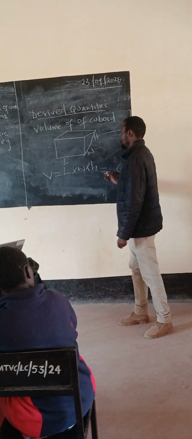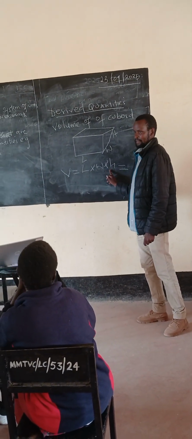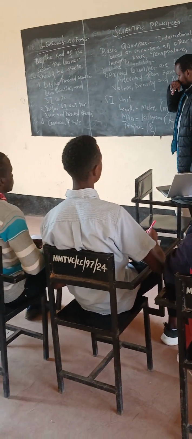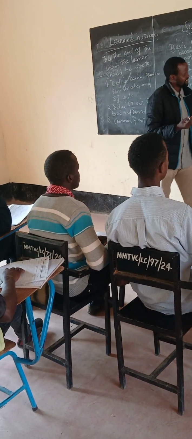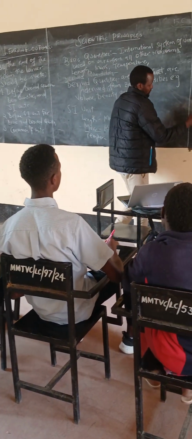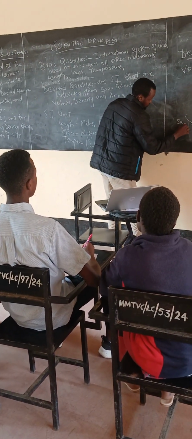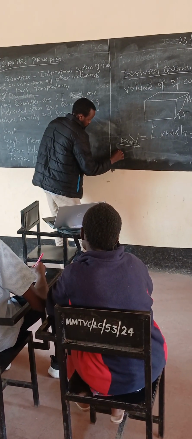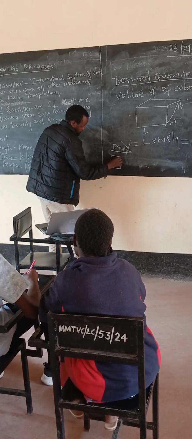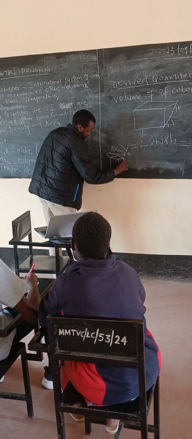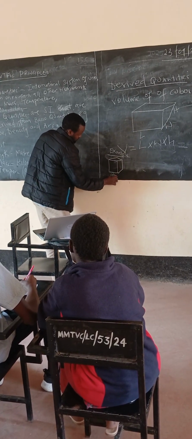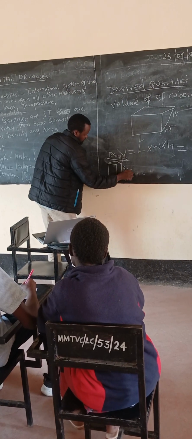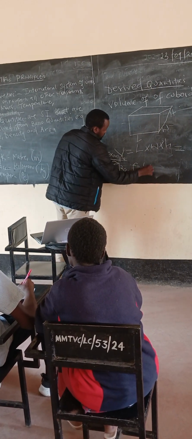It should be cubed because it is of three measurements. Right? Now, take an example. If you have been given the measurement of a cuboid, 10 centimeters, 3 centimeters, 2 centimeters. Find volume.